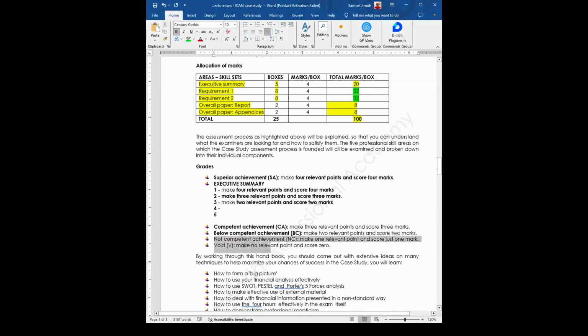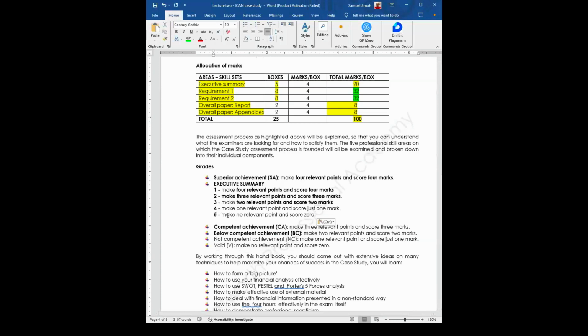Not competent achievement is another grade which says that the candidate was only able to make one relevant point out of the many points he or she has made. And the last one, which is void, says that even though the candidate made so many points in the exam, none of those points are relevant to the case.